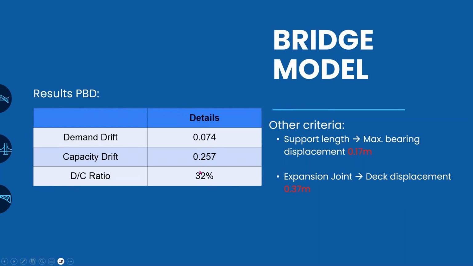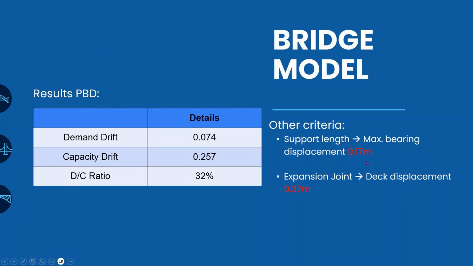So this structure is actually very strong. To satisfy this particular performance limit, we can reduce the amount of reinforcement, or the section sizes can be reduced to increase this ratio to an optimal level of around 80%, or 0.8.